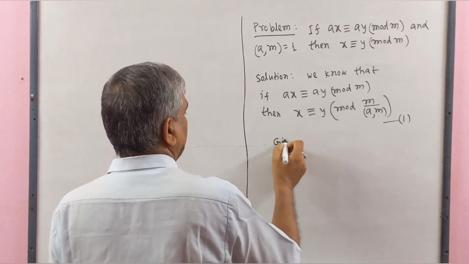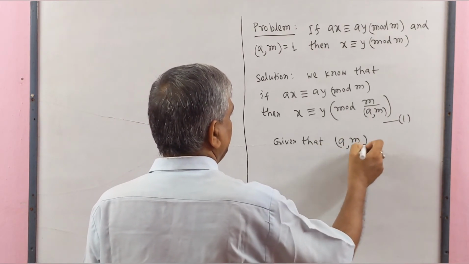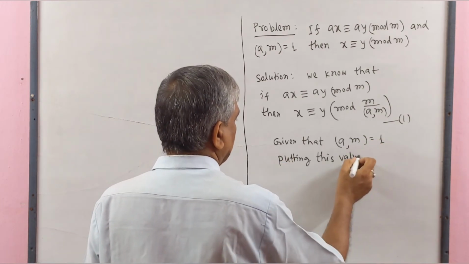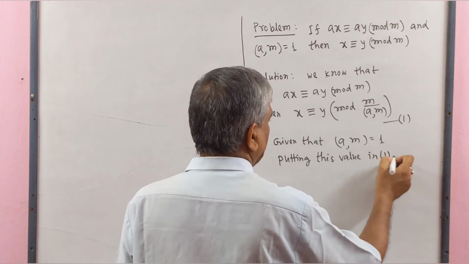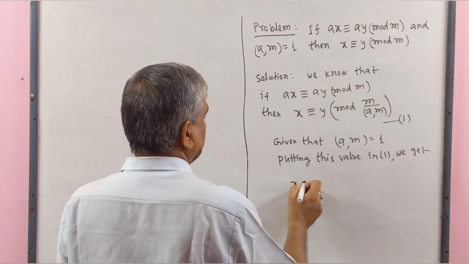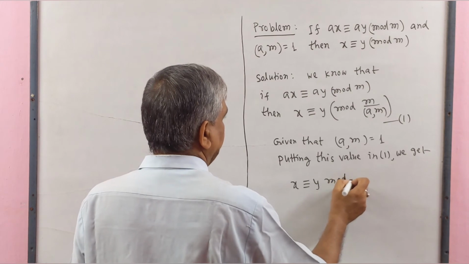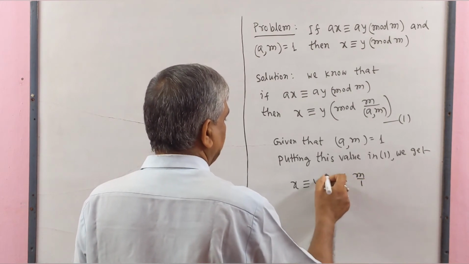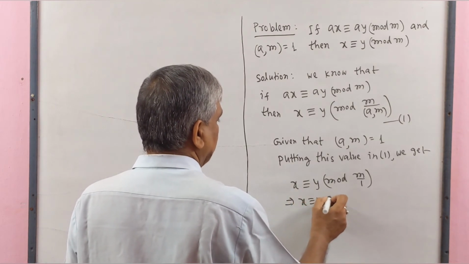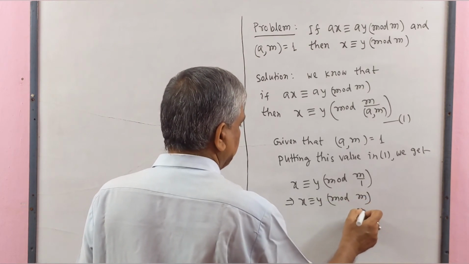Given that GCD of a and m equal to 1, putting this value in 1, we get x is congruent to y modulo m divided by 1. That means x is congruent to y modulo m. Proved.